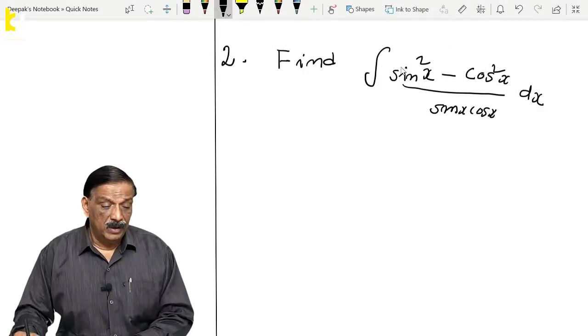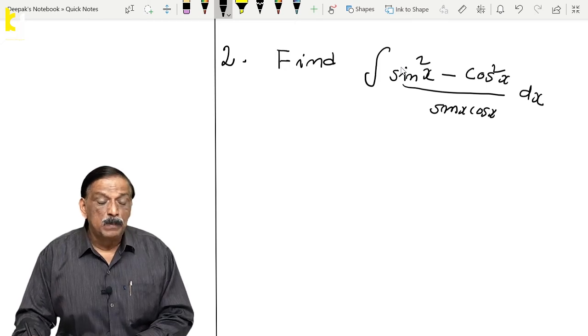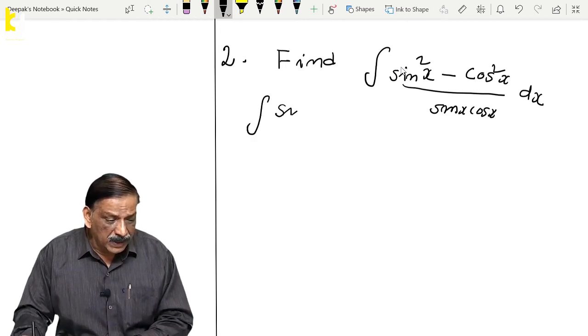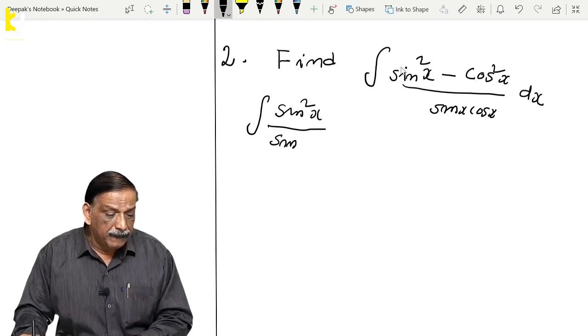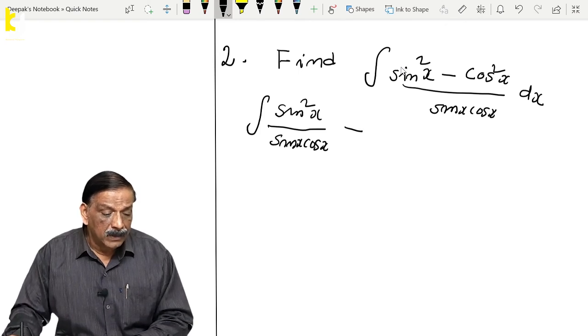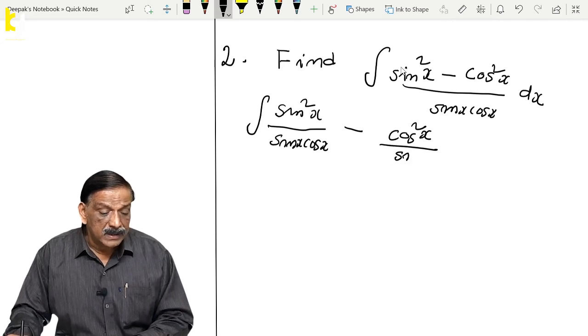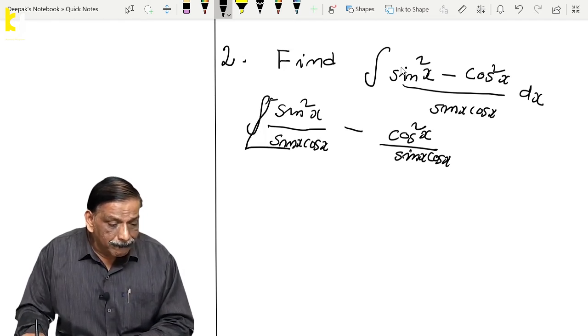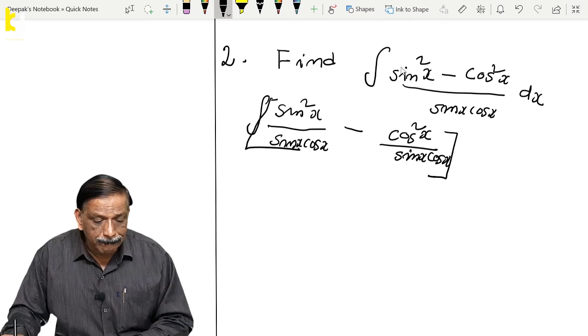So we must split this fraction: integral sin square x divided by sin x cos x minus cos square x divided by sin x cos x, whole dx.